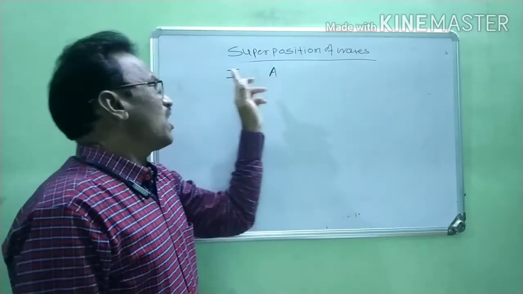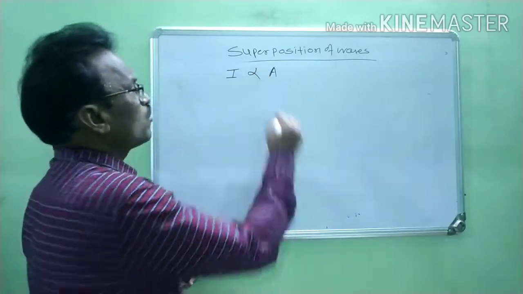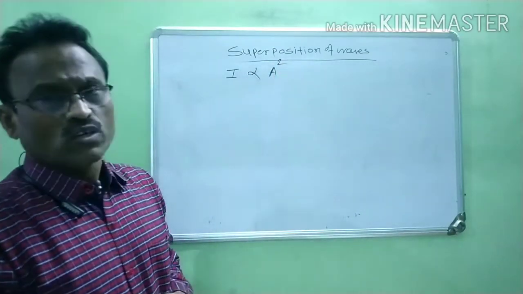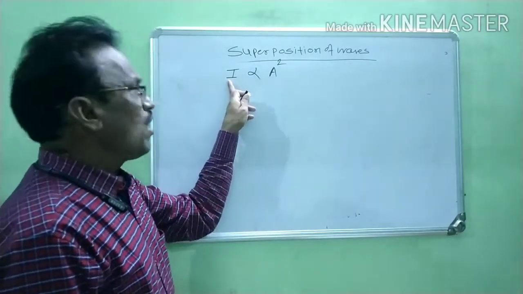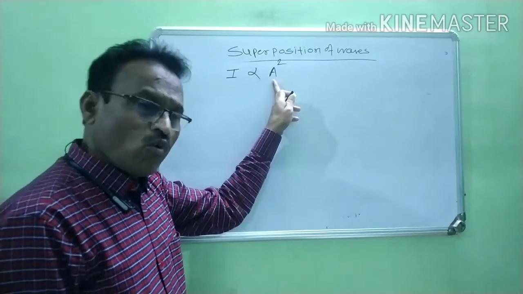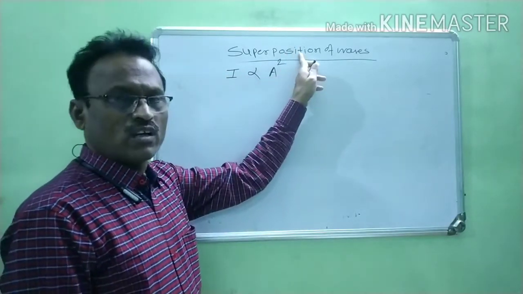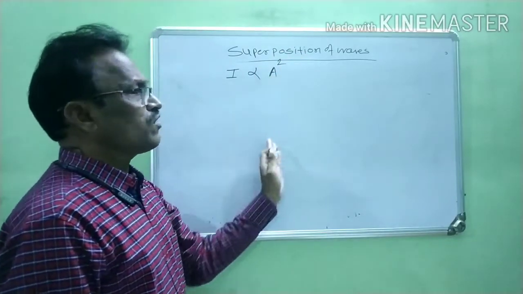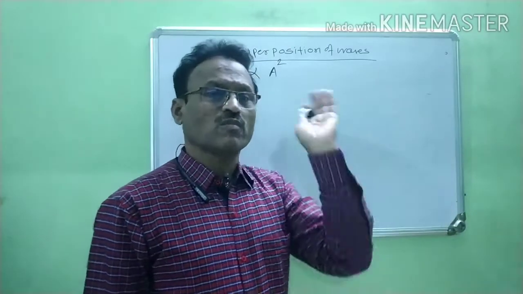What is the relation? Intensity of wave is directly proportional to the square of its amplitude. Means if I is the intensity of wave and A is the amplitude of wave, at that time I is proportional to A square, right? Now using this relation we consider two different conditions, for the minimum condition as well as for the maximum condition.